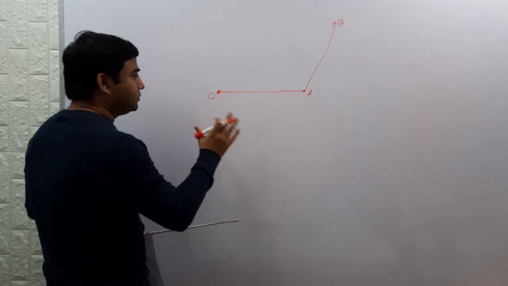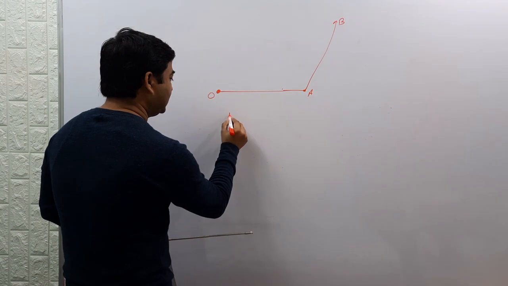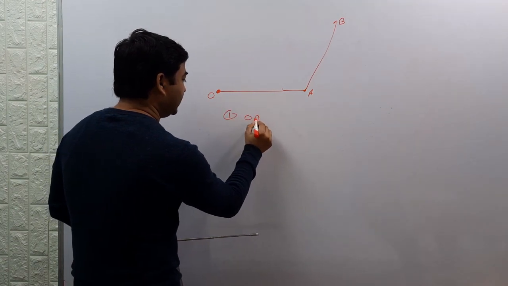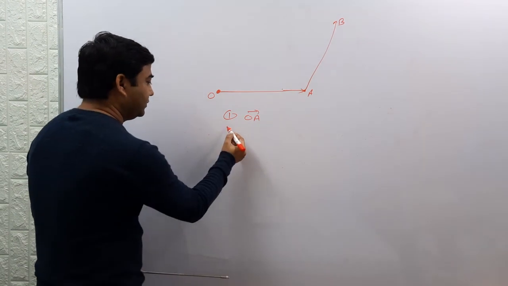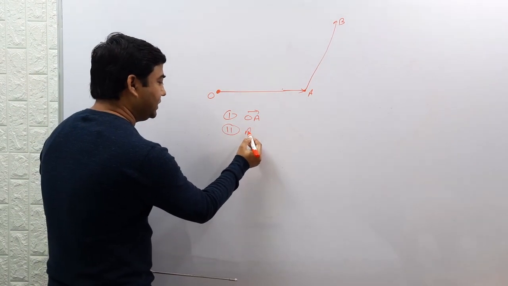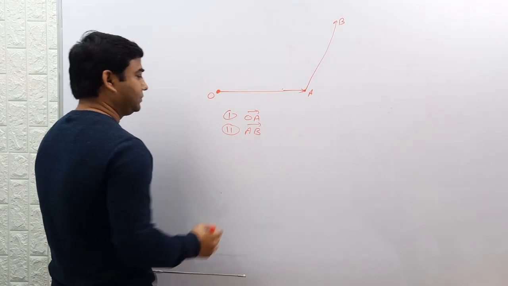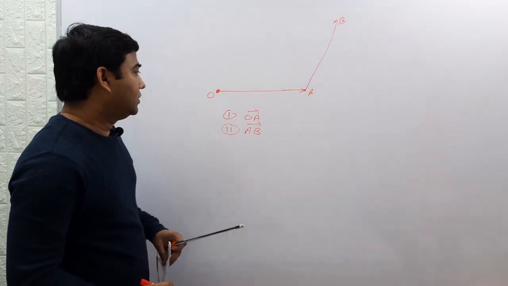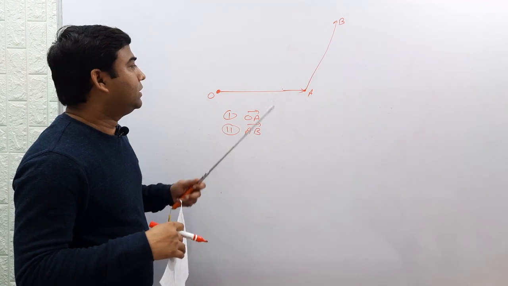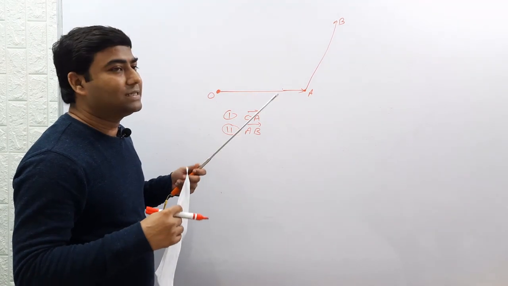Displacement is a vector quantity. So the first vector is vector OA, this vector. We have a second vector, vector AB, this vector. Now we want to know what the resultant vector is.